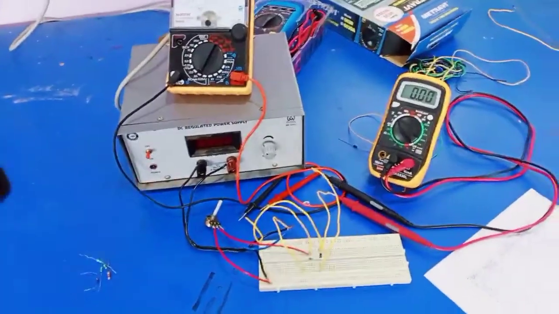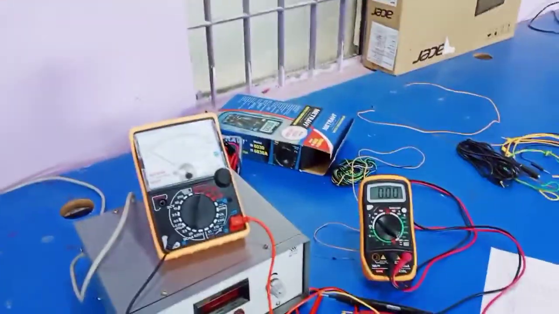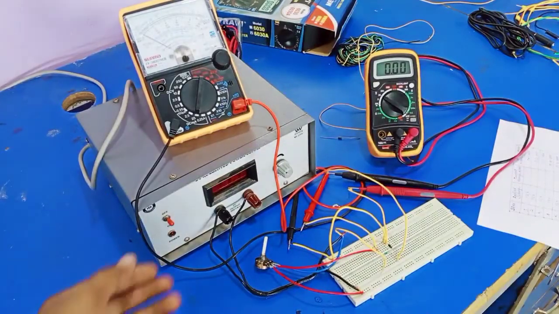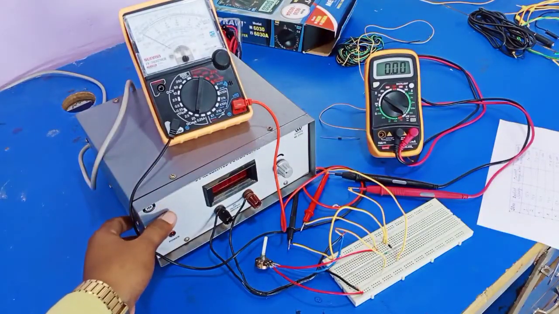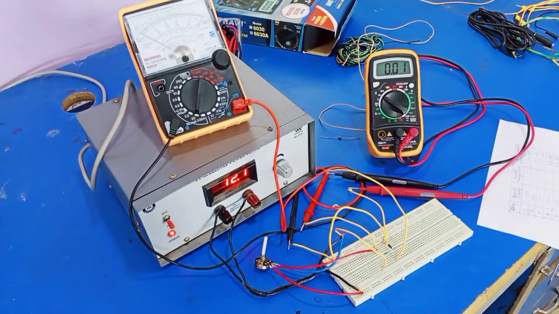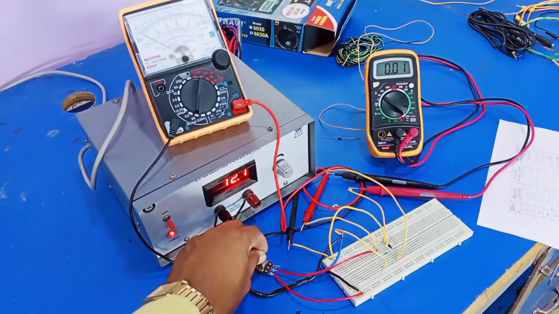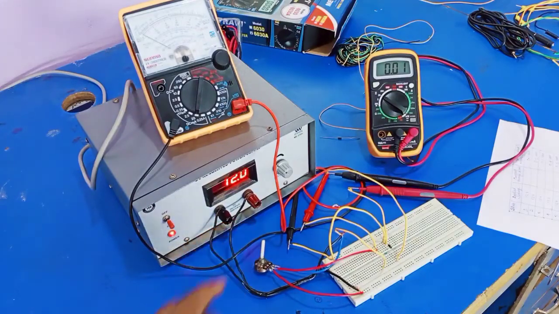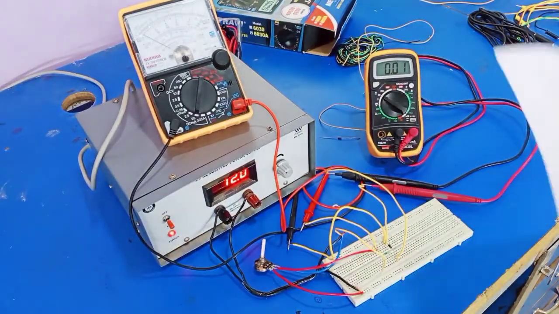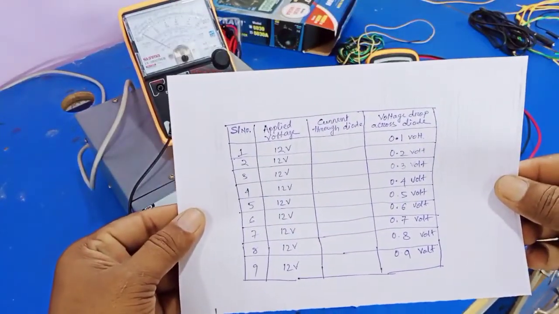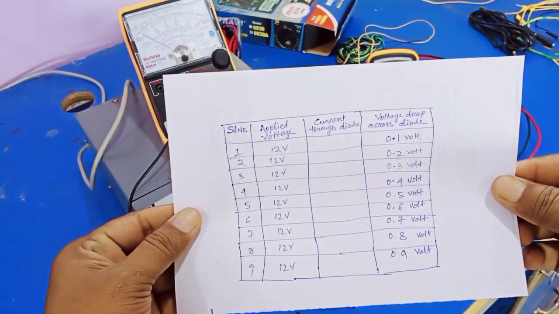Now I switched on the DC power supply and vary the potentiometer, and the voltage across the diode should be set at 0.1 volt according to my reading table.